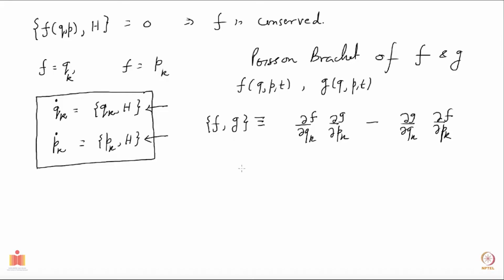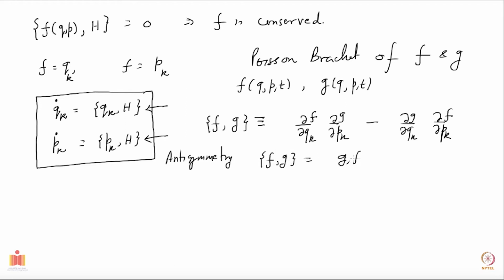Okay, we can immediately see certain properties which I will list down. So one property is, of course, antisymmetry, which you can see immediately from the definition.